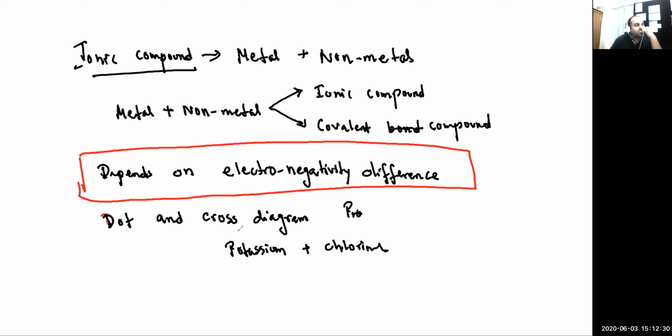What is the electronic configuration of potassium? 1s2, 2s2, 2p6, 3s2, 3p6, 4s1.